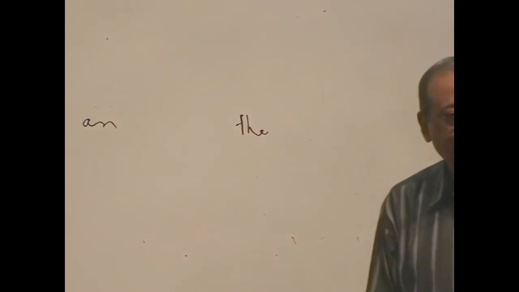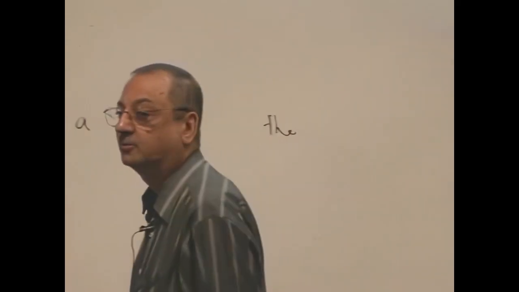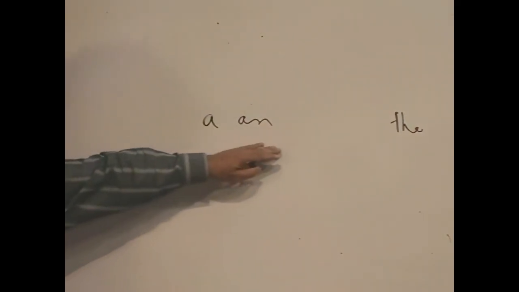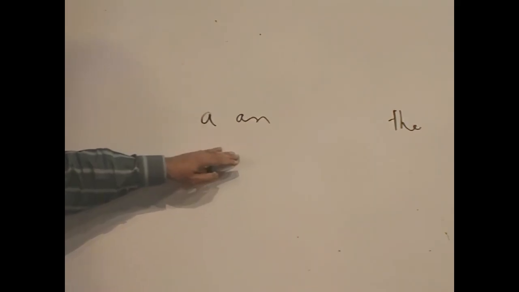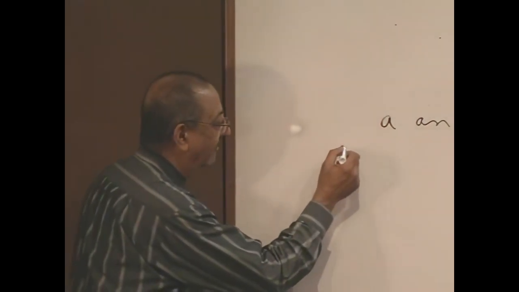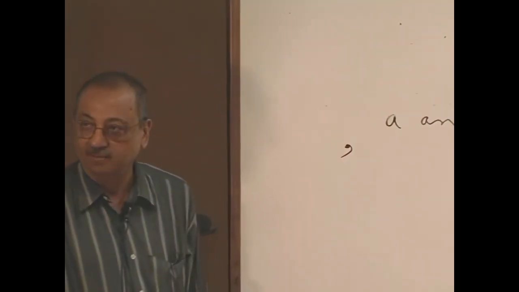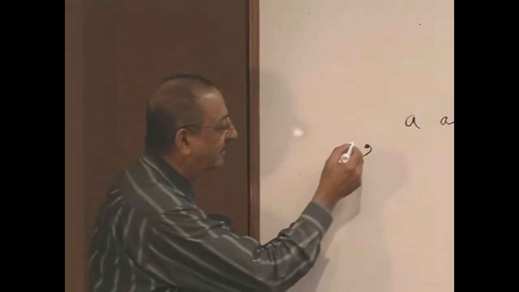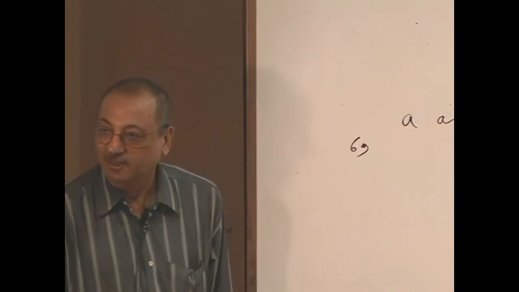Okay, now, in order to make an indefinite noun in Arabic, we do not have anything similar to this. But at the end of the noun, we put a double vowel sign. Are you with me? If the noun ends with a dhamma, then we put two dhammas.